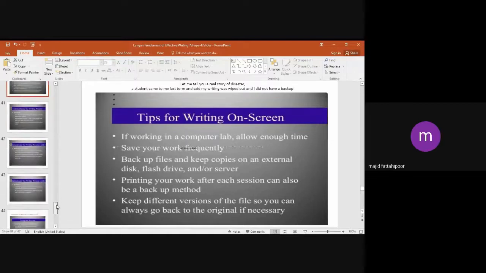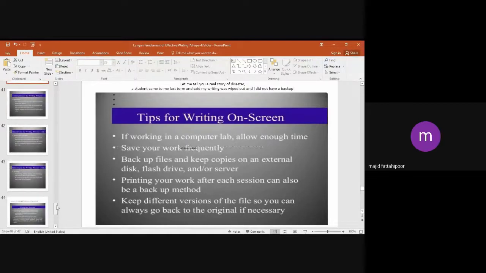These are just final tips because we are in the age of computers and so on. At some point, preferably early, we should type our writing. So we should save it frequently, make backup files and so on. Because I have heard a lot of students complaining about losing their file because they didn't have any backup.